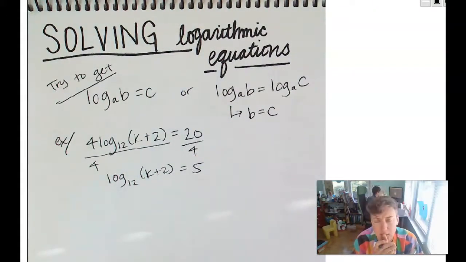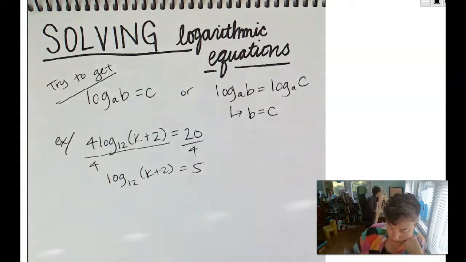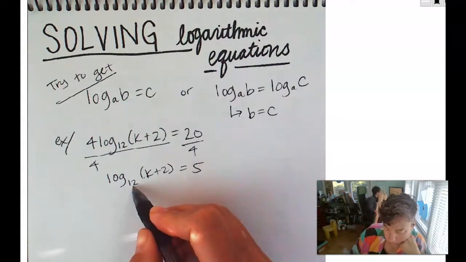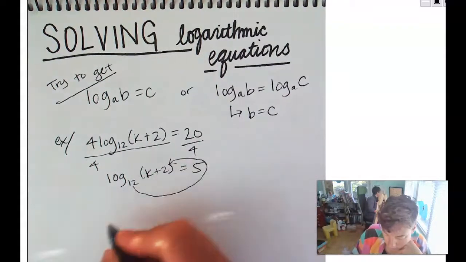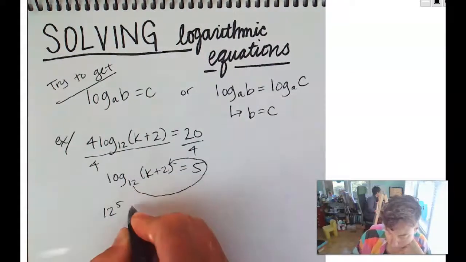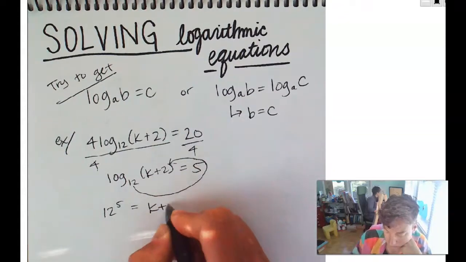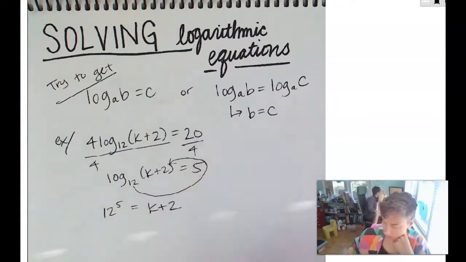And then we can put this back into exponential form and say 12 to the 5th power equals k plus 2. Let me get out our calculator.